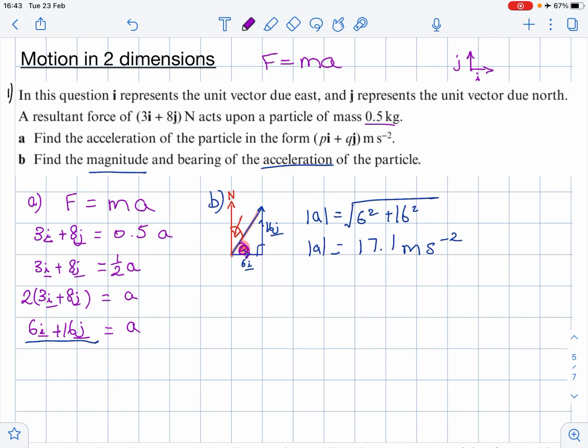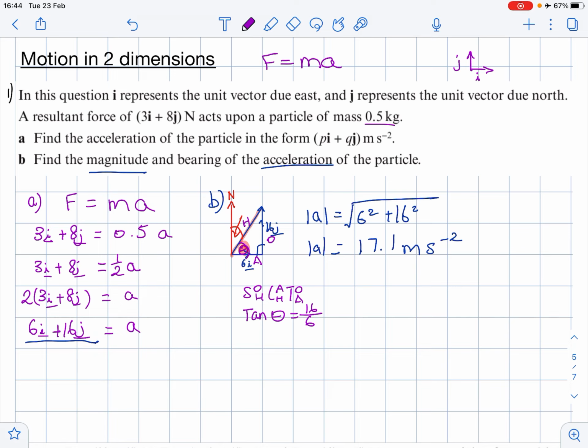Theta would equal, and we're going to use our SOHCAHTOA again. Let's label our sides: hypotenuse, opposite, and adjacent. We're going to use tan. Tan theta is equal to the opposite, which is 16, over the adjacent, 6.